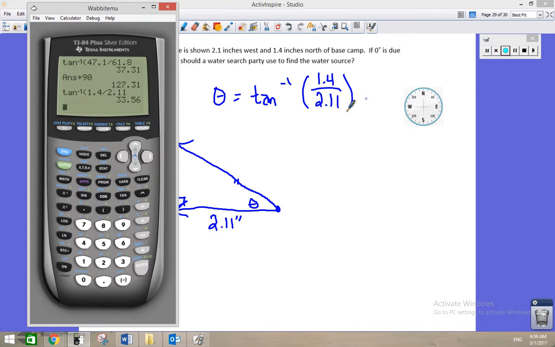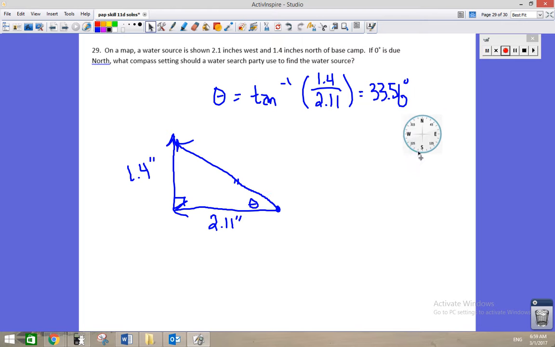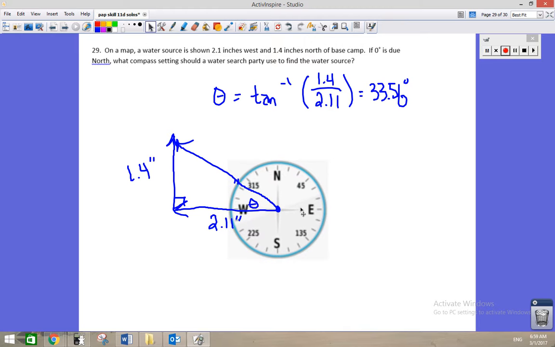Alright, so I claim that this theta is 33.56 degrees, but let's superimpose that on our compass, because our compass has 0 degrees being here. So we want to wrap all the way around to here, right?